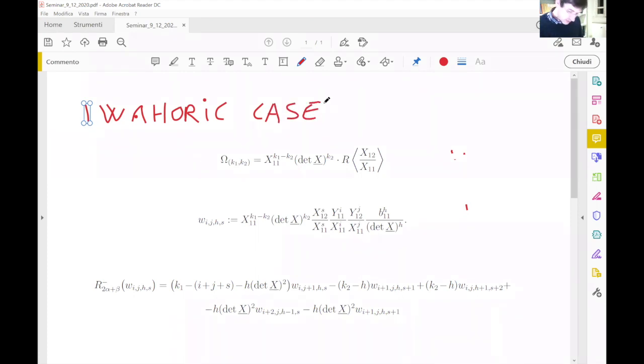You have a description of the generators, but also a similar description of the generators of this WK in the Klingen case, if you specify that K2 is an integer and this H that appears here is less or equal to K2. Okay, so these are the generators.